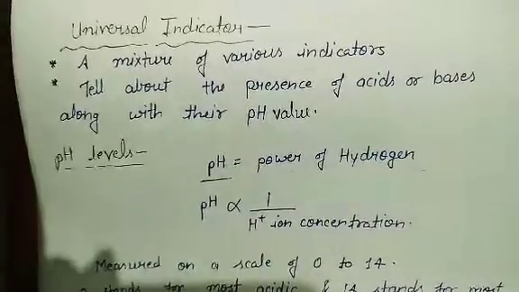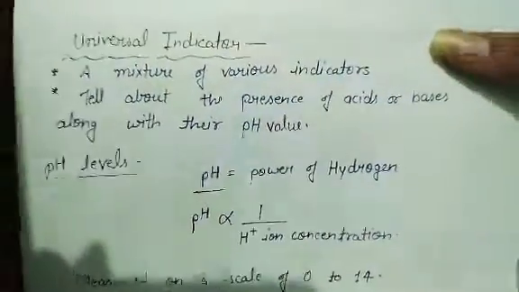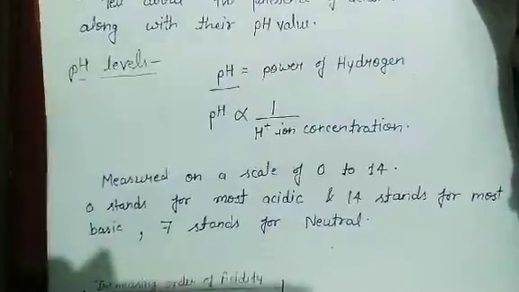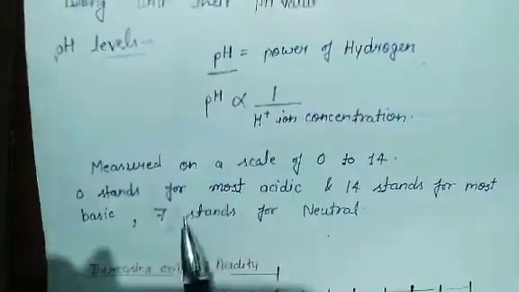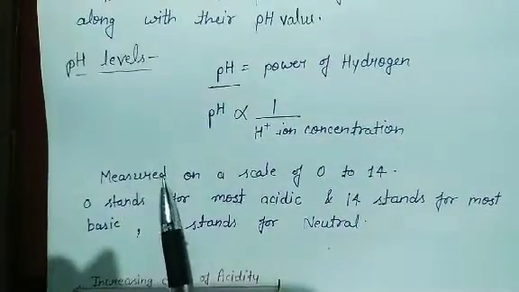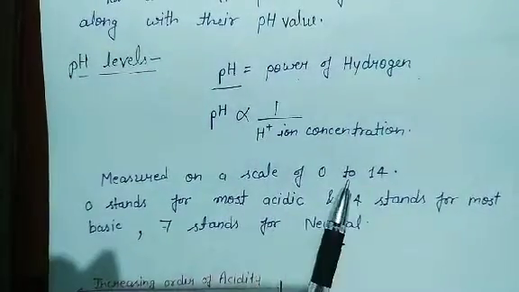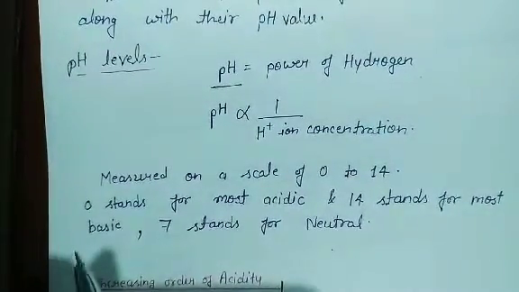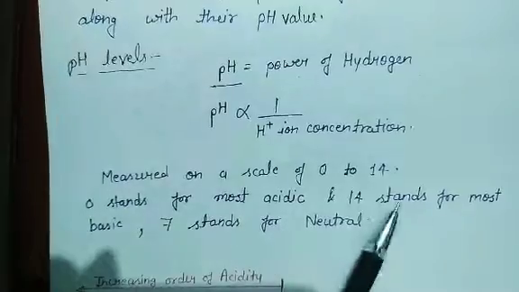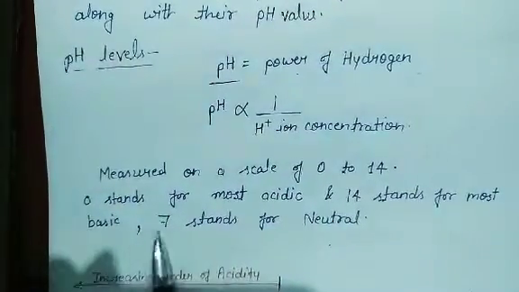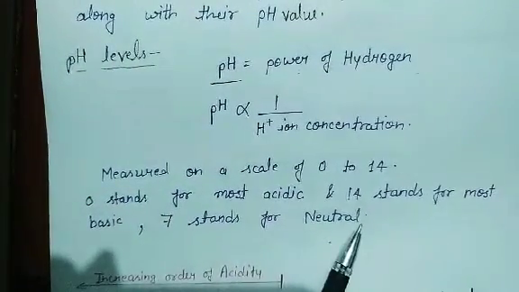As you know, pH is measured on a scale of 0 to 14. The pH of any acidic or basic solution is measured on a scale of 0 to 14, where 0 stands for most acidic and 14 stands for most basic. 7 stands for neutral.